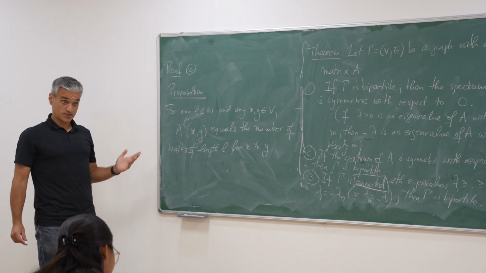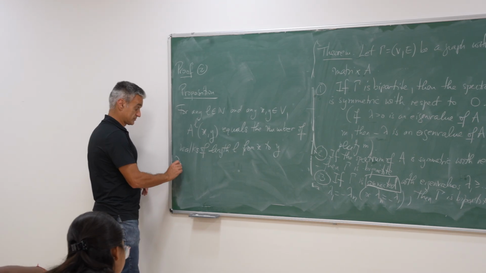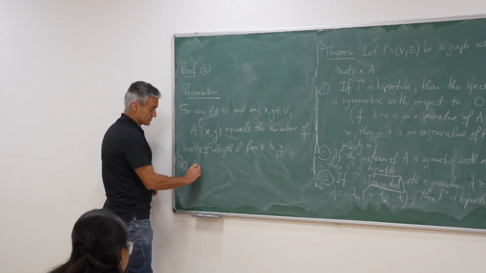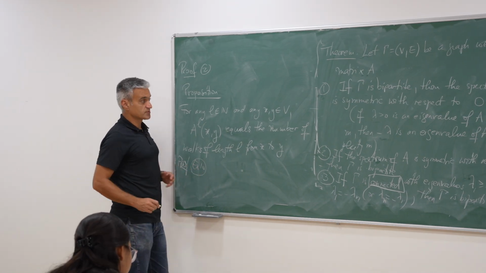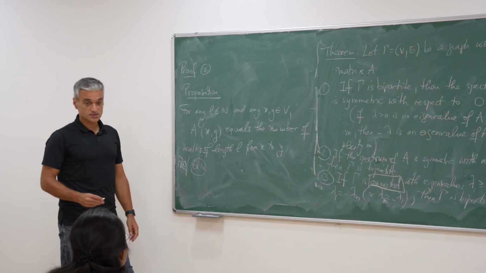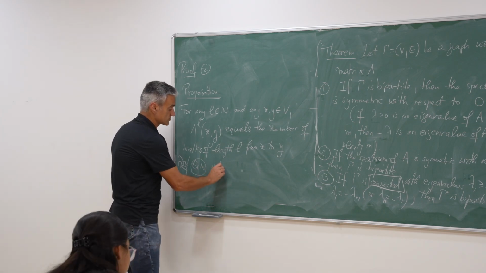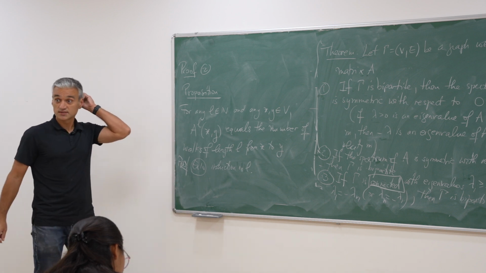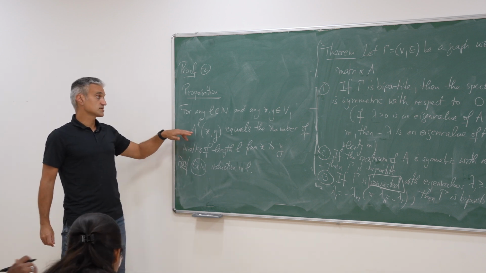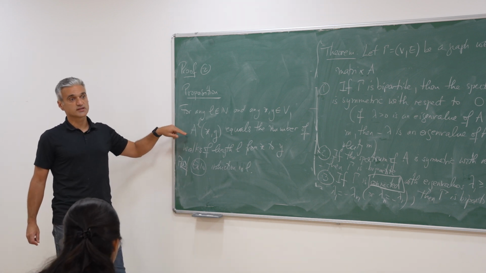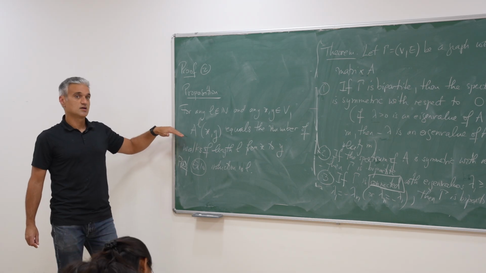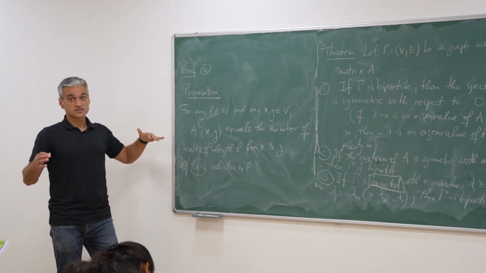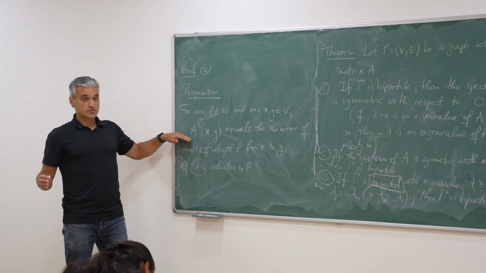If you want to add it to the exercises, exercise 10: prove this. You can use induction on L to do this. If L is 1, that's the adjacency matrix, and a walk of length 1 is the same thing as an edge, so that's clear from the definition.